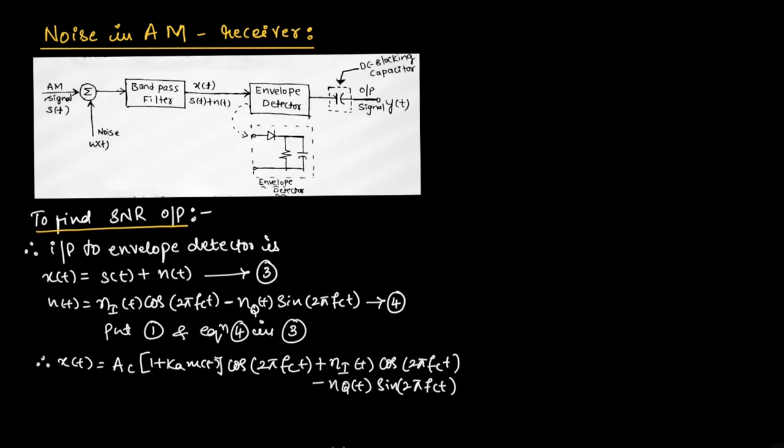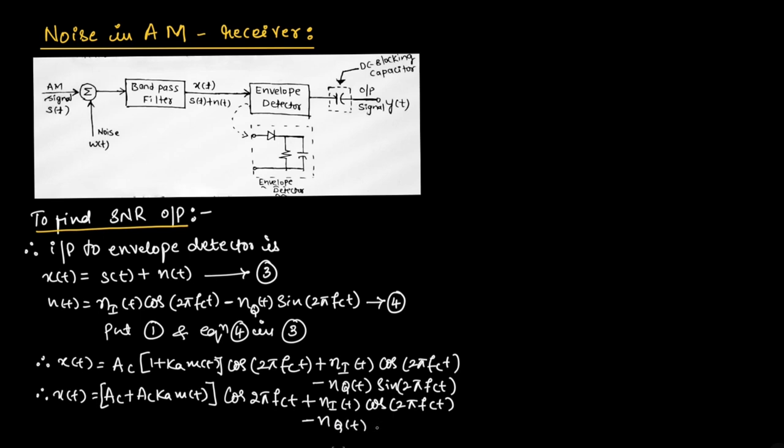Then here I've just multiplied the Ac terms with 1 plus Ka m of t. Then as we can see from the first two terms, cos 2 pi fc t is common, so let me take those two terms as common.